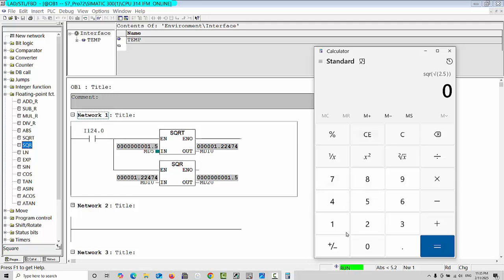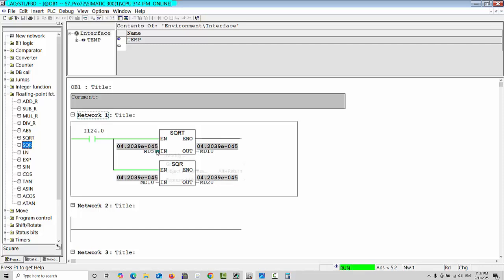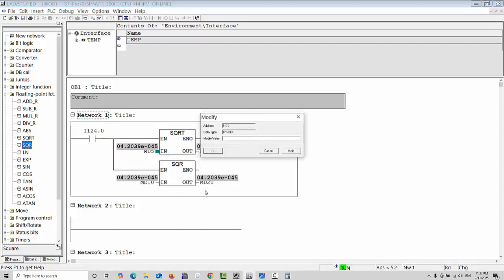Again, the square root of 1.5 is 1.22474. This is the same answer, and if we put the same answer in square, you can see the answer is 1.5. The same will be shown like this.